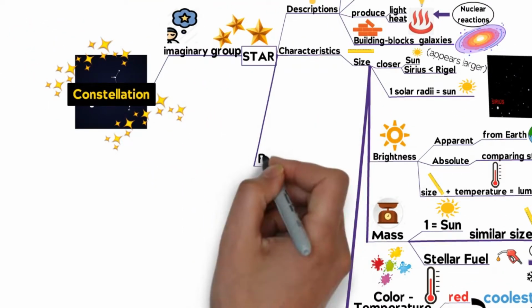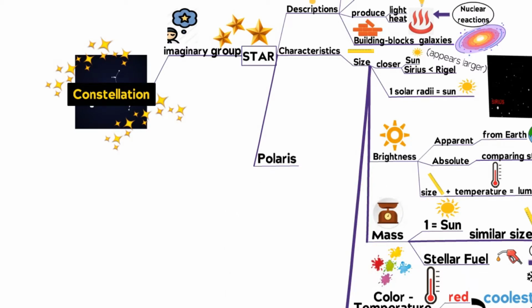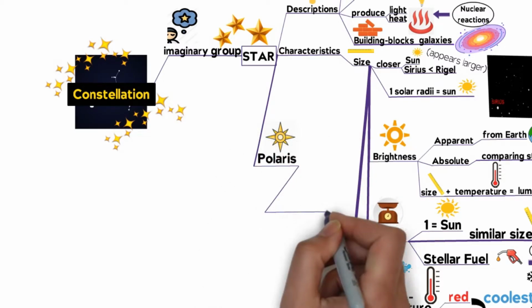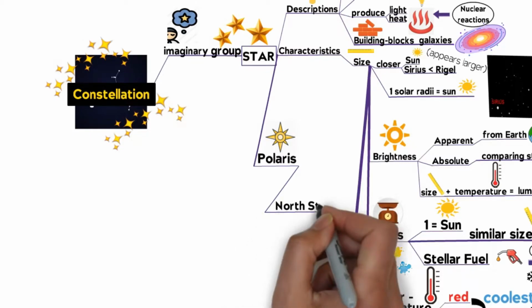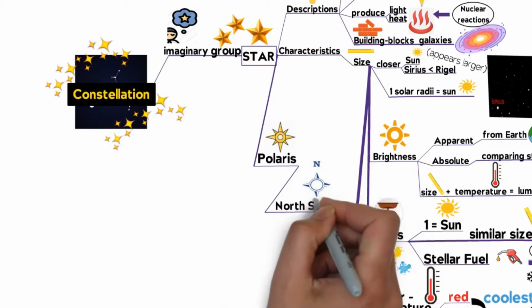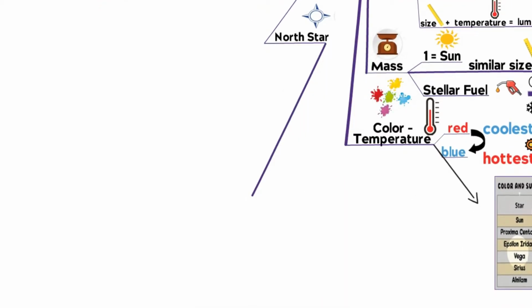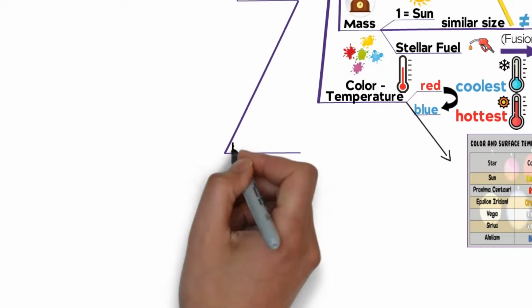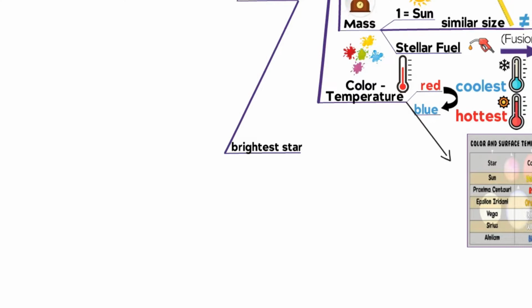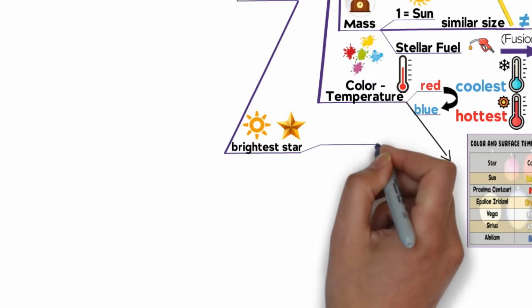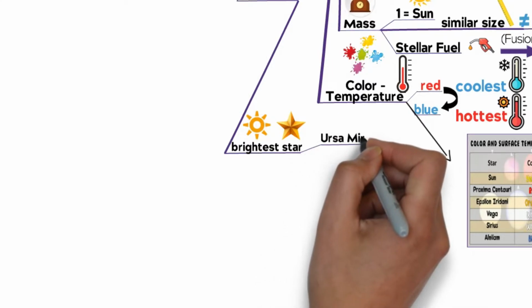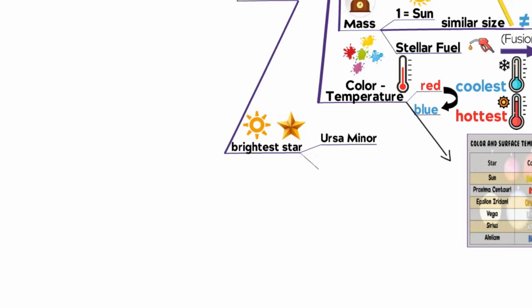The Polaris is commonly known as North Star. It is the brightest star in the constellation Ursa Minor or Little Dipper.